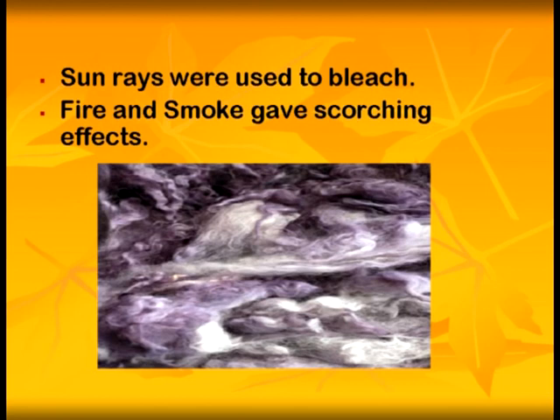Fire and smoke gave scorching effects. Finally, the natural dyes were discovered, which actually colored the fabrics by diffusing into them, rather than just providing a surface coating over them.